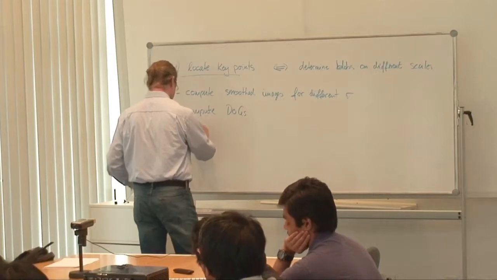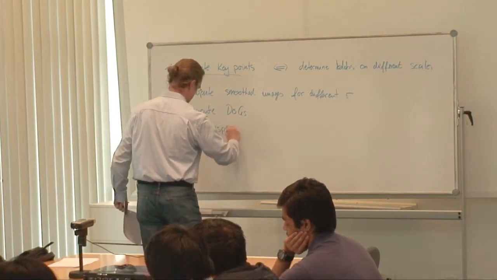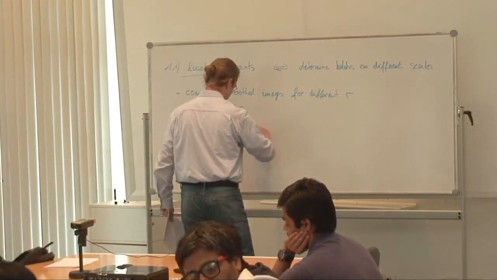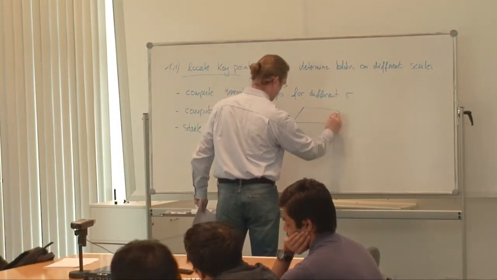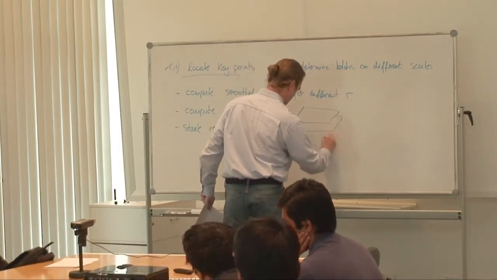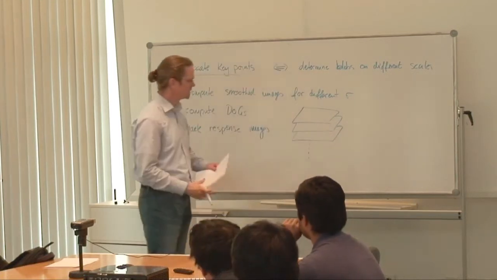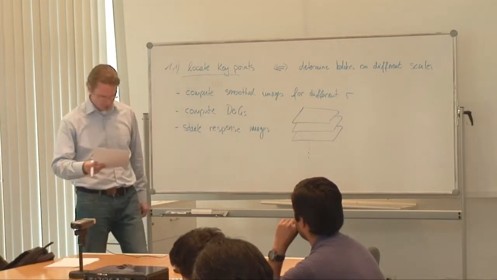The approach stacks these response images, by which I mean the DOG images. And by this we will get a data structure that looks like this. Each of these planes is one DOG image.